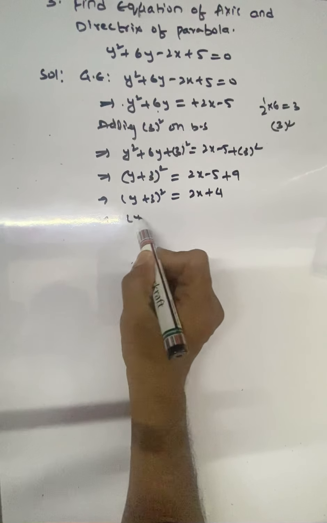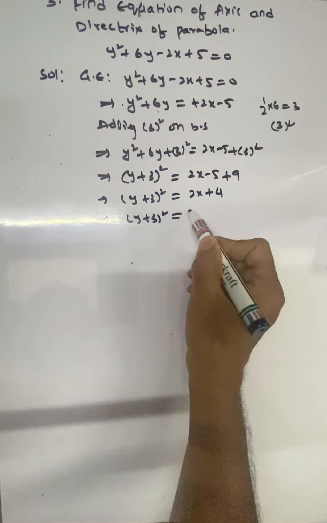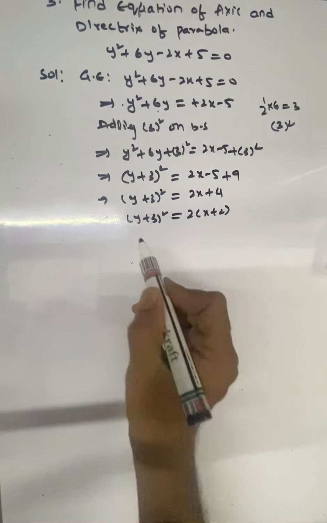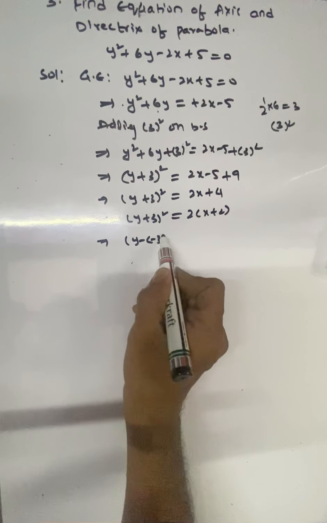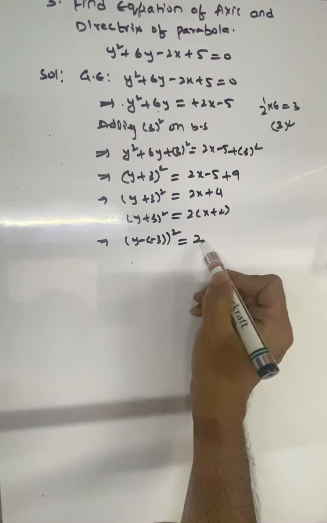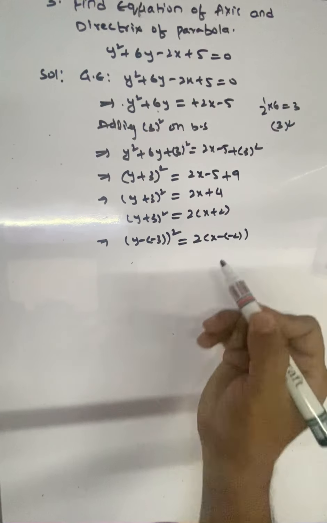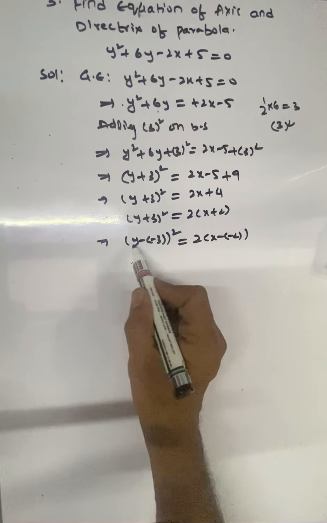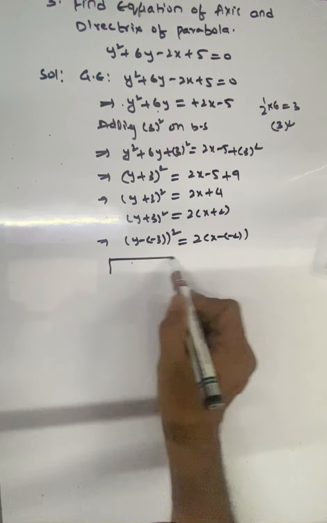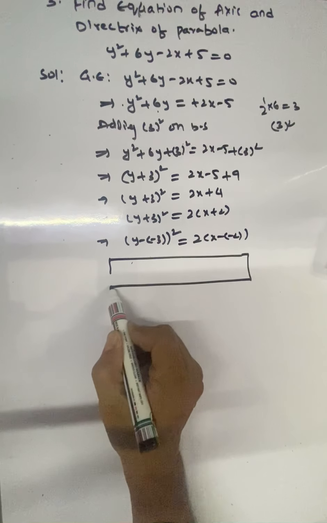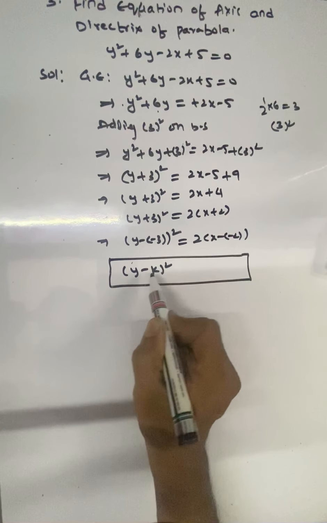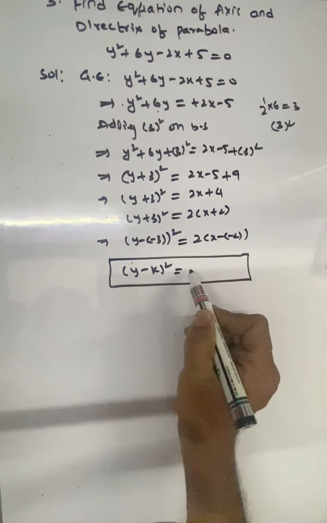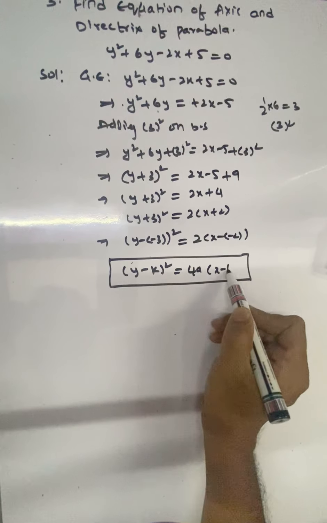Here we have y plus 3 whole square, 2 common, x plus 2. We don't want plus here because in the formula we have minus, so we can take plus as minus of minus. Whenever you find y square, you can write the formula here in the box: y minus k whole square, always y with k combination, equals 4a into x with h combination.